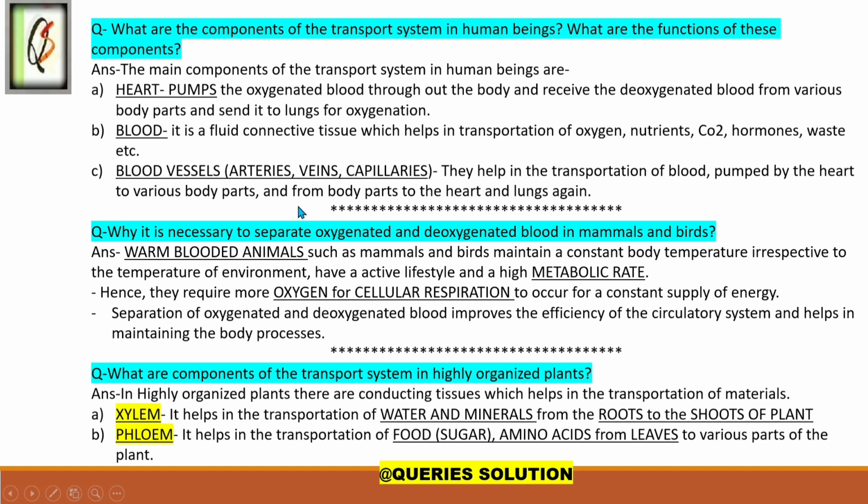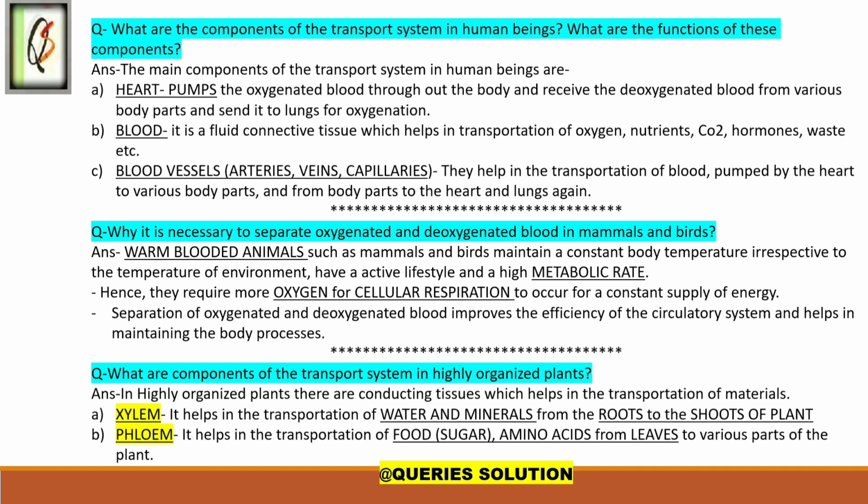So let's see the answer now. Warm-blooded animals. I hope you know by now what warm-blooded and cold-blooded animals are. Warm-blooded animals like mammals and birds maintain a constant body temperature. Your body and my body maintain a constant body temperature. Even if it's 0 degrees outside, our body will try to keep our body temperature controlled.